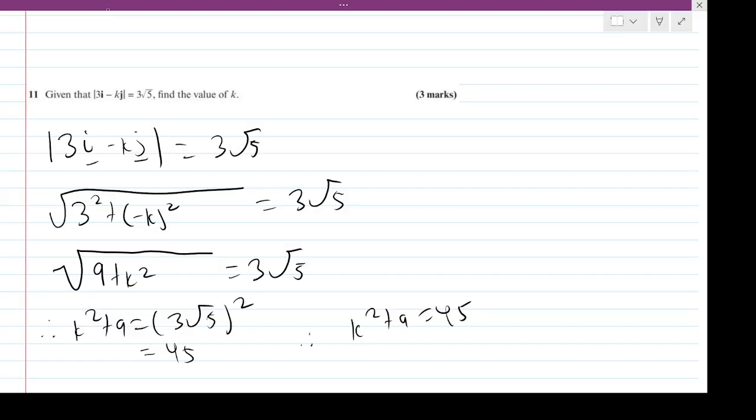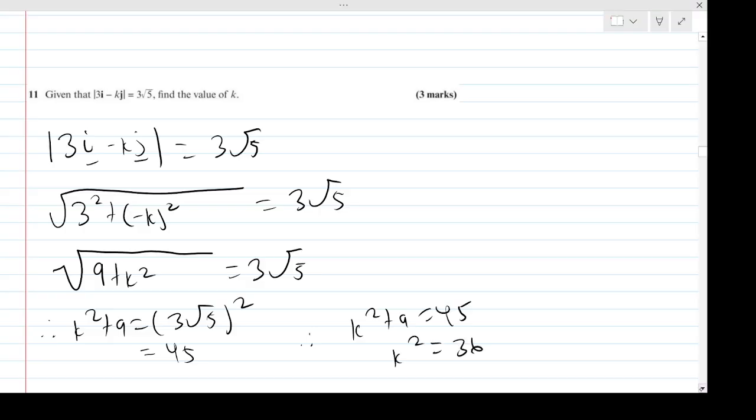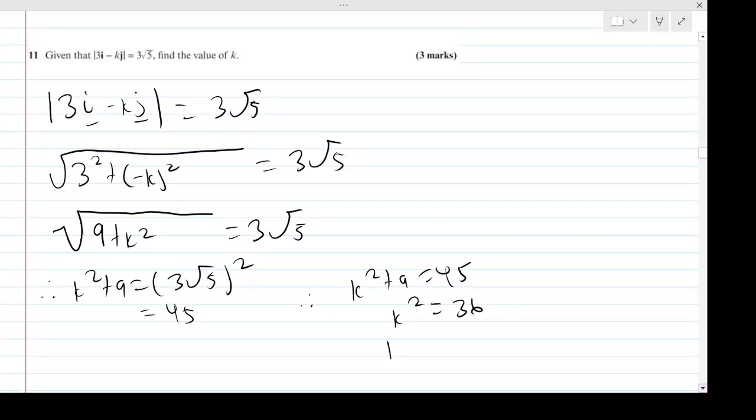If I subtract 9 from both sides, k squared is 36. And again, k is then plus or minus 6, if I square root both sides. And that is my answer. And again, same funny question. Those are the 2 values of k. The question was worded a bit weirdly because the answer to the question and the mark scheme is both those values. So there we are.